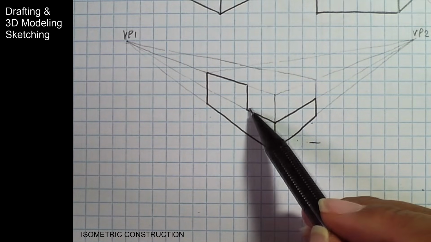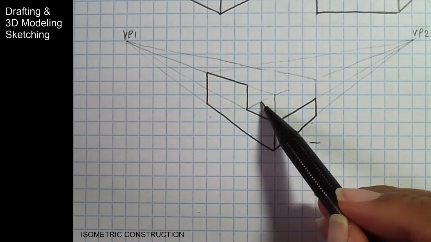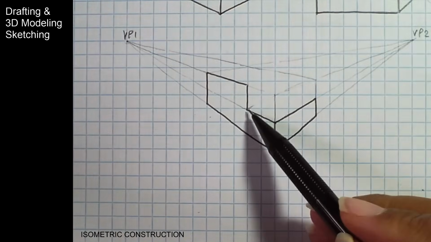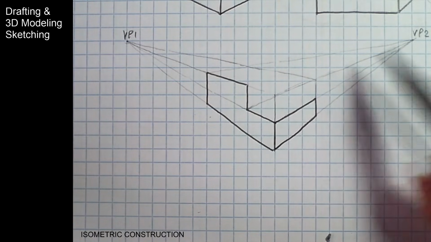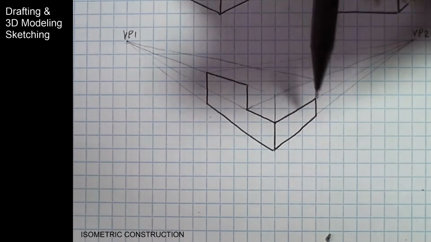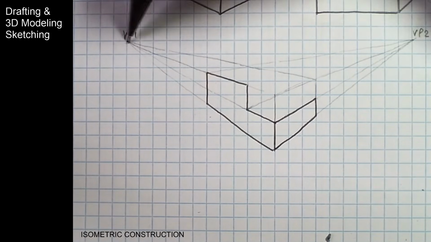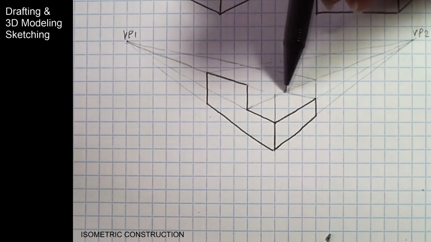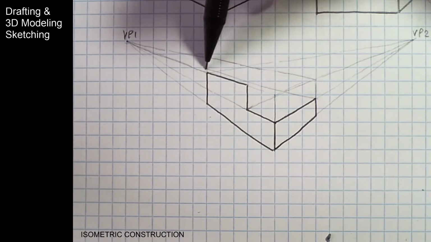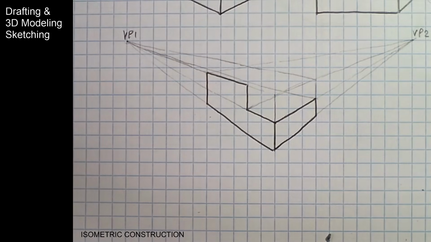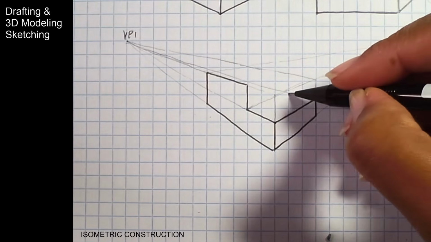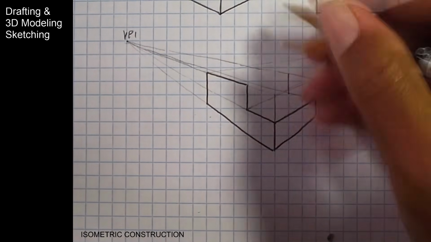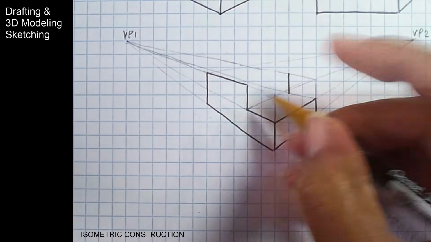We have this edge as well, so we want to make sure we connect this edge going back. It should not necessarily line up. It may or it may not. Actually, it does. So we want to carry this one back as well. Okay, and then from where it connects here, we're going to carry it up to the top. Right?